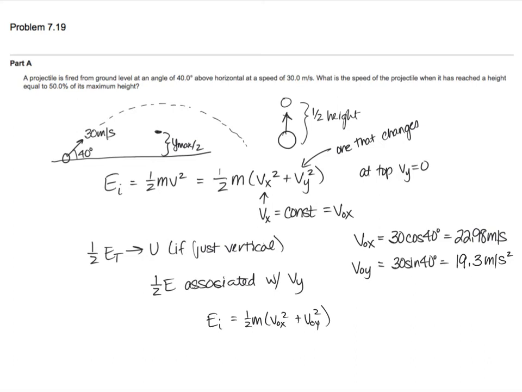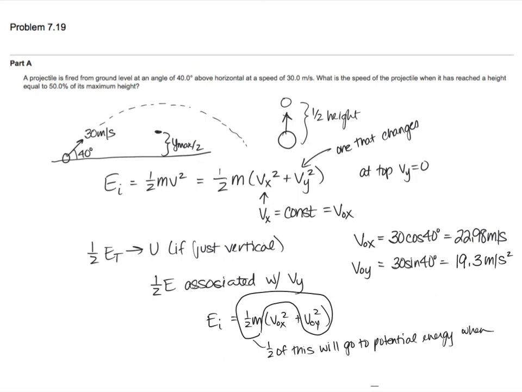But what we're only interested in is this piece right here, because half of this will go to potential energy when it reaches y max over 2, when it reaches half of its maximum height. So that's what we're going to be working with.